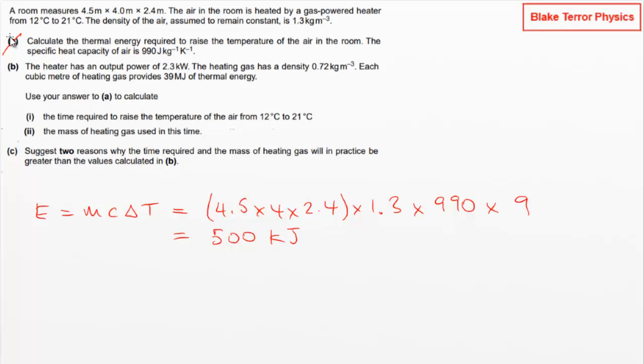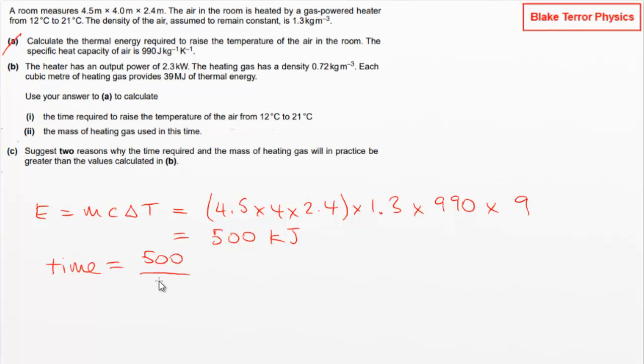Okay, the heater has a power output of 2.3 kilowatts. The heating gas has a density of that. Each cubic meter of heating gas provides that amount of energy. Use your answer to A to calculate the time required to raise the temperature. So we're getting 2.3 kilowatts and we need to get up to 500 kilojoules. So the time is going to be equal to 500.